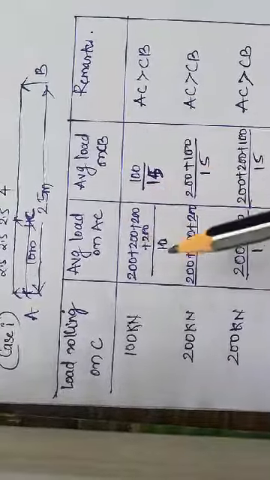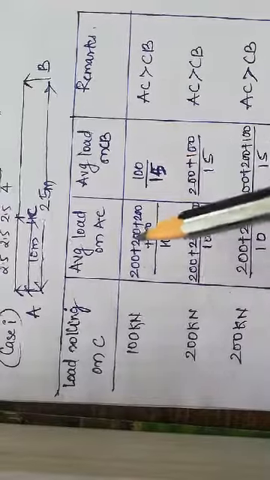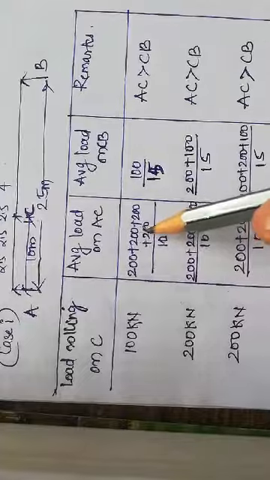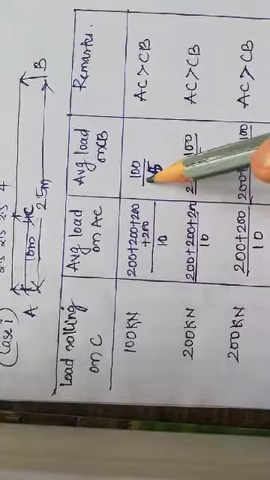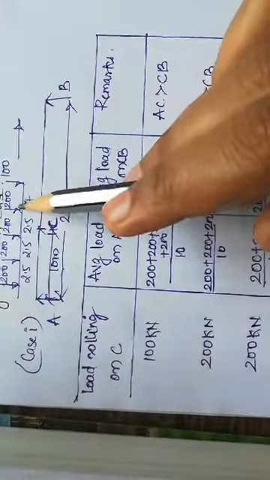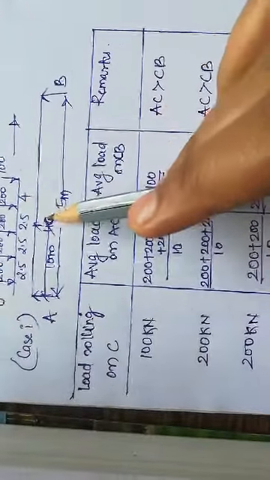Now when we take the average of the loads on the AC section and the CB section, the AC section turns out to be heavier than the CB section. Next let us consider that even the 200 kilonewton has crossed C point.